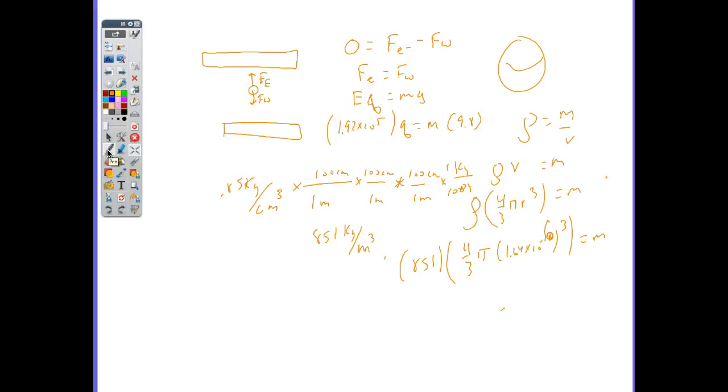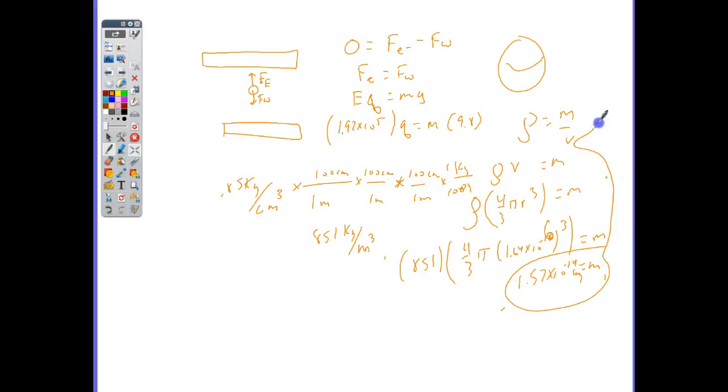Pi times 1.64 exponent negative 6 up to the third times 851. And I get the mass is 1.57 times 10 to the negative 14 kilograms. So now I have the mass.